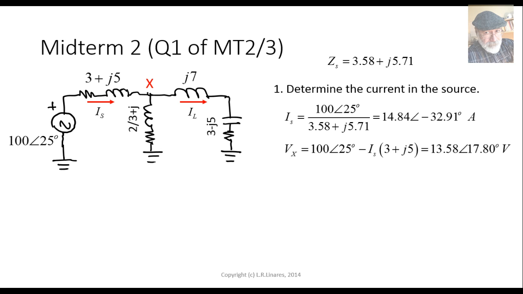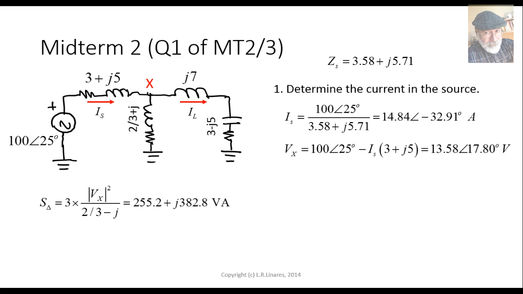That is the voltage Vx. And then we can compute the power in the delta load this way, 3 times the RMS of Vx, that is 13.58 squared, divided by the conjugate of one branch multiplied times 3. The delta is absorbing 255 watts and 383 vars.